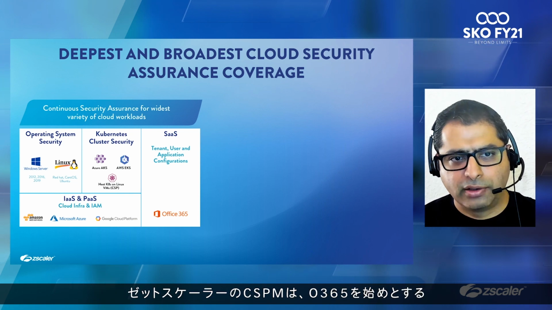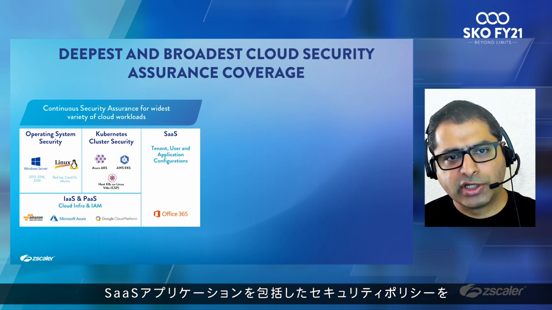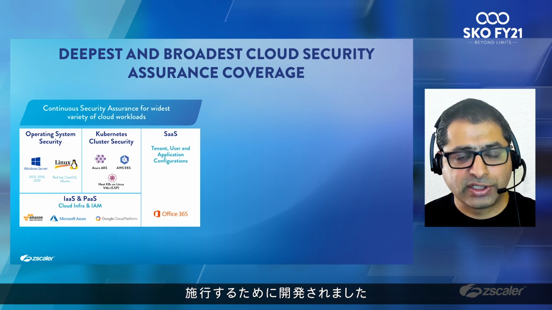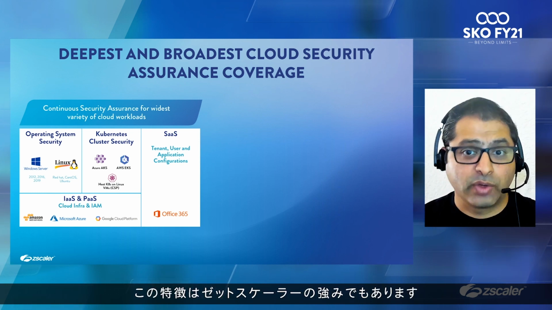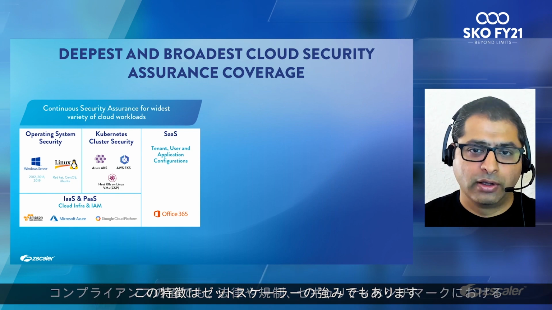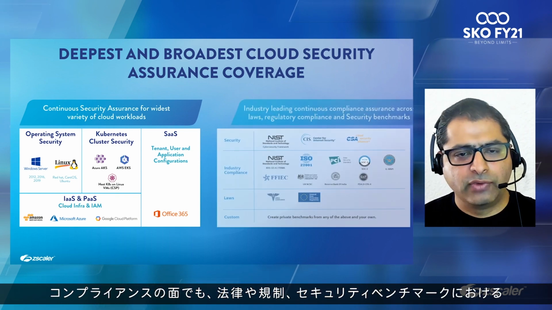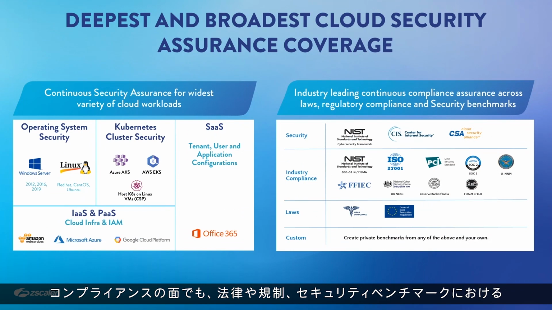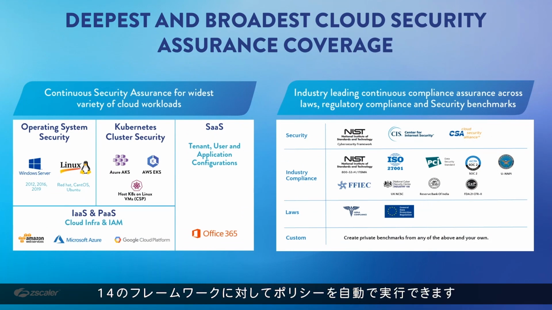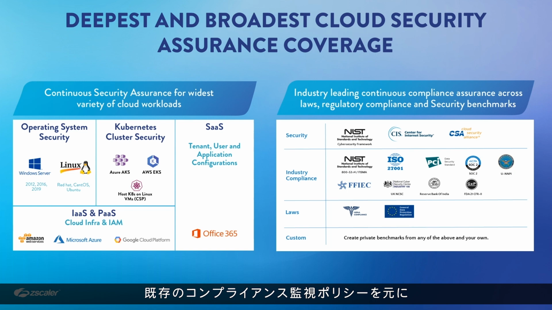We have pioneered the security policy coverage for SaaS applications like O365 as well, and that's where we distinguish ourselves in the market. On the compliance side, we have the broadest automated policy coverage across 14 different leading frameworks spanning various laws, regulations, and security benchmarks. And of course, you can build your own custom compliance monitoring by creating or picking up from the existing ones.